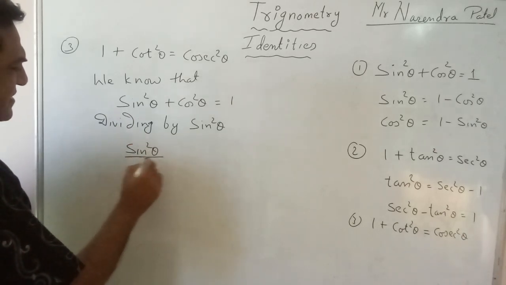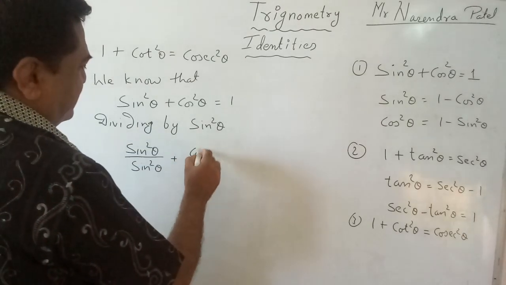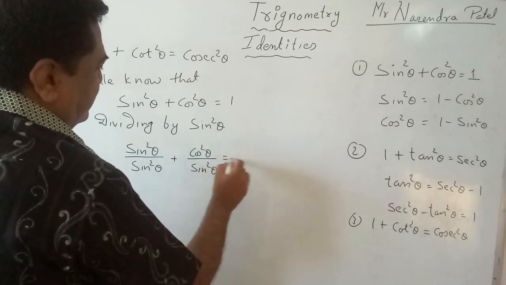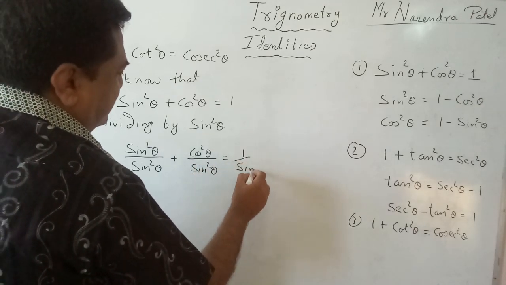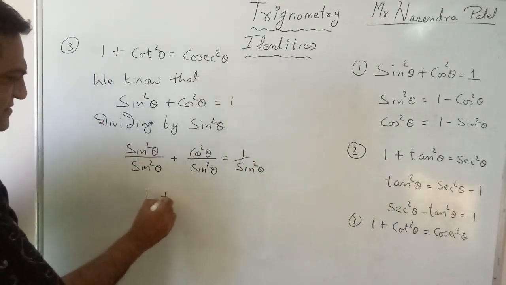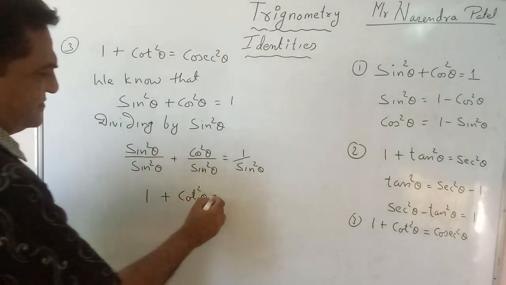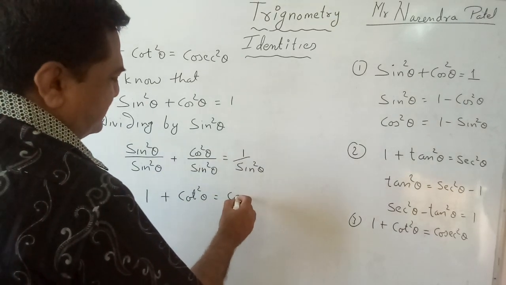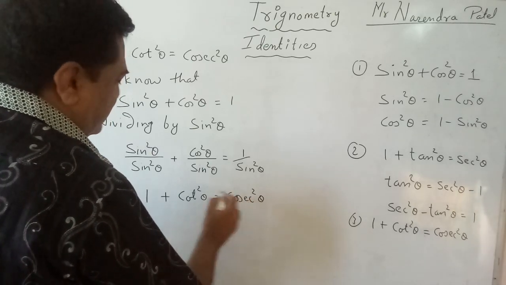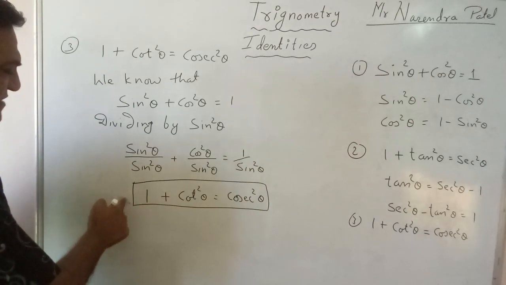Sin square theta upon sin square theta plus cos square theta upon sin square theta is equal to 1 upon sin square theta. Here sin square theta cancels, so I will get 1. Cos upon sin, that is cot, you have learned. 1 upon sin means cosec square theta. 1 upon sin means cosec, also you have learned it. This is your third identity.